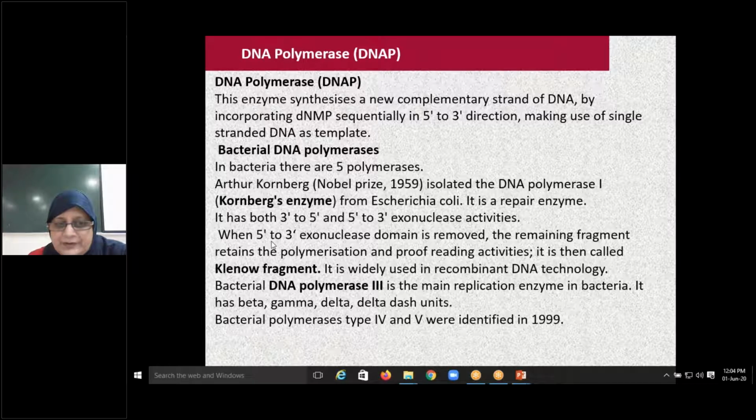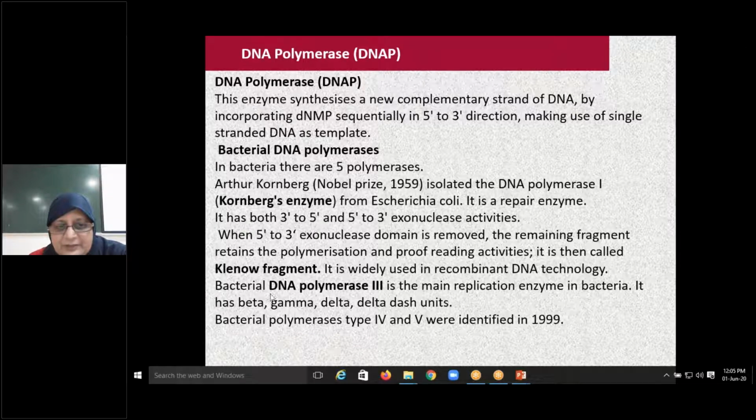When the 5' to 3' exonuclease domain is removed, the remaining fragment retains the polymerization and proofreading activity. It is then called the Klenow fragment, which has been widely used in recombinant DNA technology.